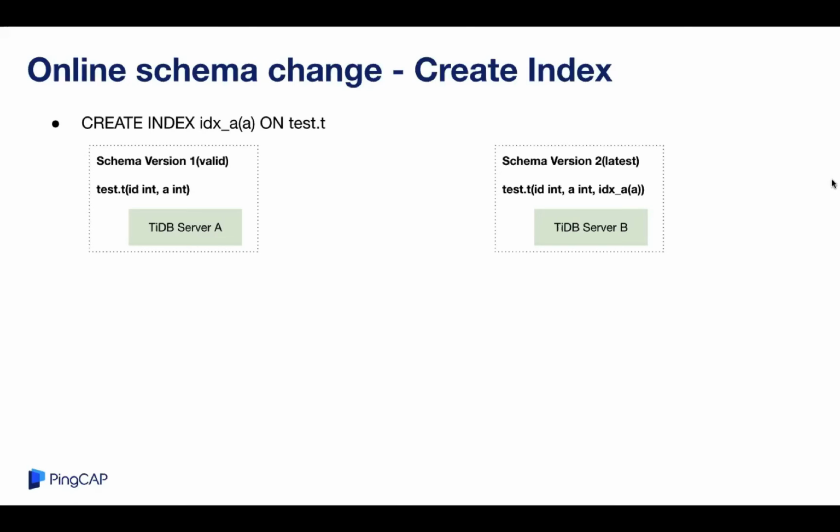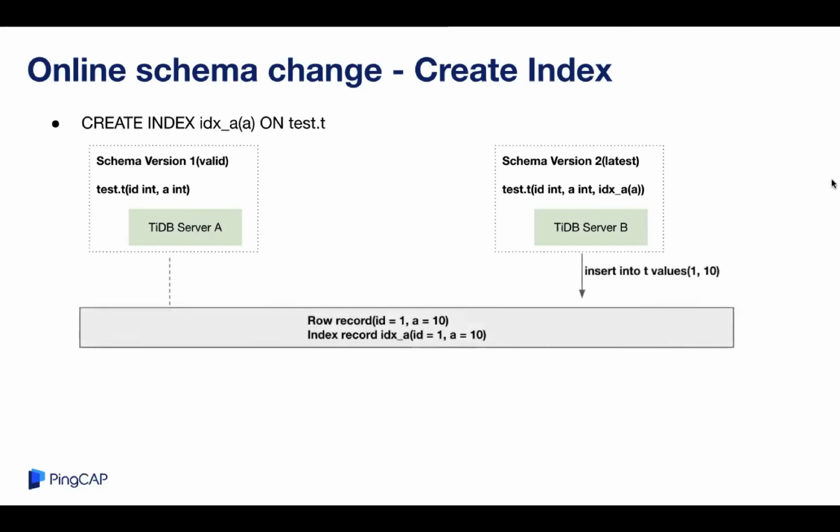And we might have another TiDB server with a newer schema version with the table definition with index. Now we have an insert statement applied on TiDB server B. Since TiDB server B has the index definition, this insert statement will apply 2 new records to the storage layer, which are the row record and the index record.